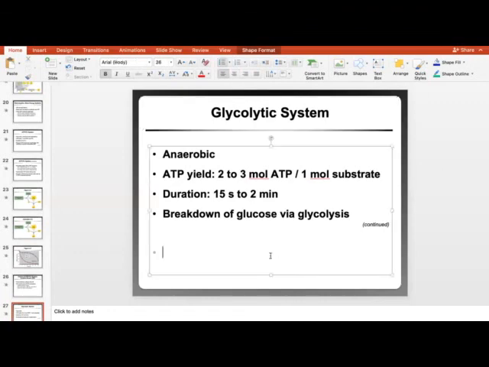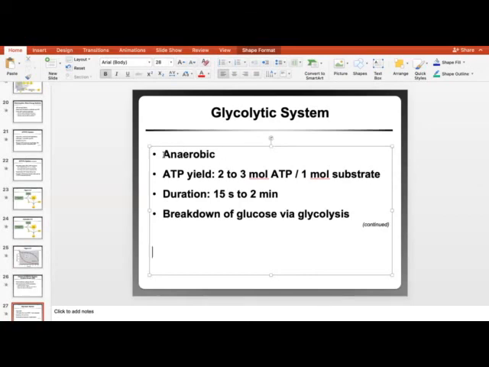So to keep the bioenergetics of his team functioning appropriately, it makes more sense to have a bunch of people working in the glycolytic system as opposed to only a few people working in the oxidative system.